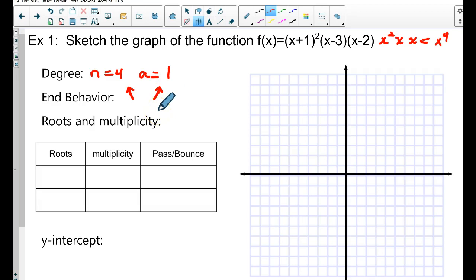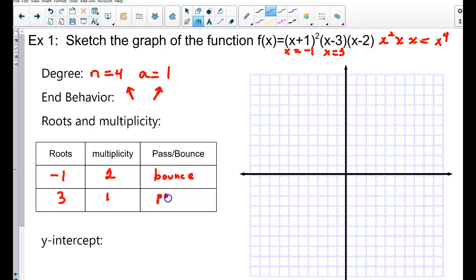The next thing we're going to do is look at our roots and multiplicity. So we have a root at -1 with a multiplicity of 2, meaning it's going to bounce or kiss the x-axis. We have a root at 3 with a multiplicity of 1, since the exponent is 1.